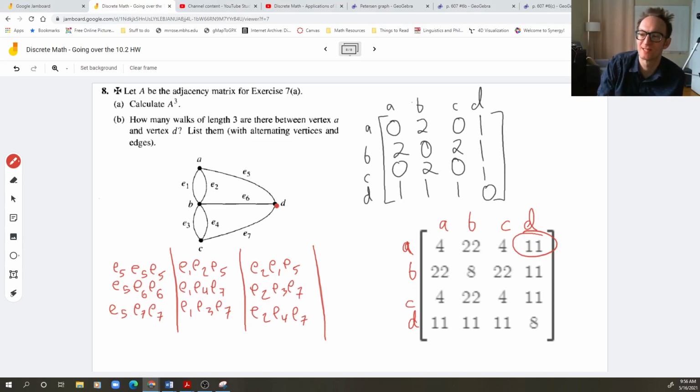Okay, let me just be more systematic. I have sort of 3 choices. If I follow E5, then I'm already at D. And the only way to get back to D is to just leave D and then return from the same route. So I feel like that's covered if I do E5 first. If I do E1 first, then I'm here at B. Well, I have 2 choices.